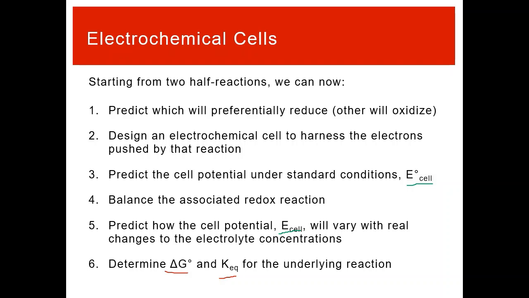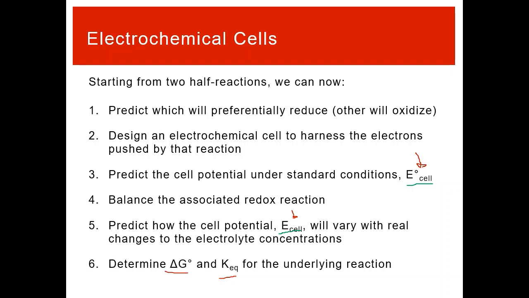Those are two really useful things. Delta G gives you information about spontaneity, but also about how much energy you can get out of a reaction. Equilibrium constants are necessary for predicting relative amounts at equilibrium. Those are really important considerations, and they're relatively difficult to measure. Standard cell potentials and cell potentials are relatively easy to measure.